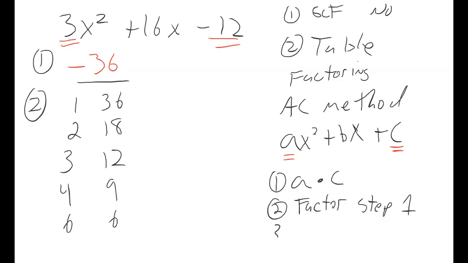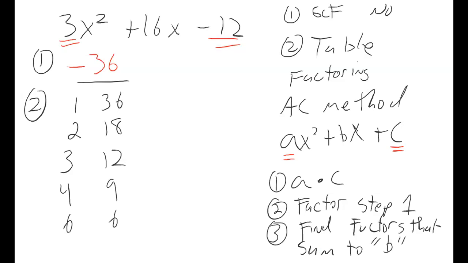So step 3, find factors that sum to b. And remember, the b is the middle term. So I have to ask myself for step 3, which of these numbers give me a positive 16?